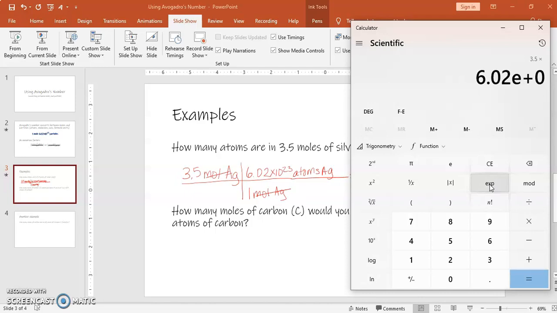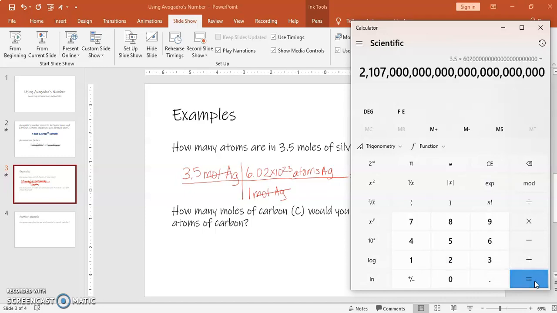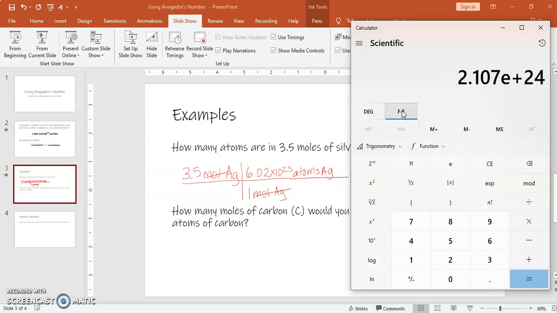So I'm not going to do times 10 and then put in my exponent. I just hit 6.02, the EXP key, or it could be an EE key. Both of those are going to do the same thing. And then you simply enter your exponent, which in this case is 23. Hit enter. I get a really large number. On my computer's calculator, I can click that little button and it'll put it back into scientific notation.